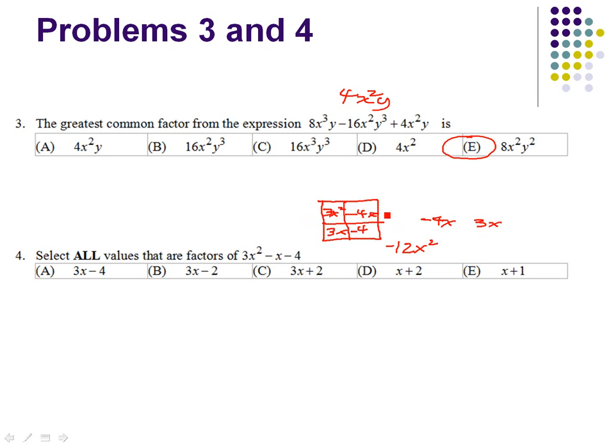Right here, I have an x in common, so x can come out. If I wanted to factor upward, I could say x times 3x. Then x times -4 will give me -4x. 3x times 1 gives +1. So my factors are 3x minus 4 and x plus 1. So it's A and E.